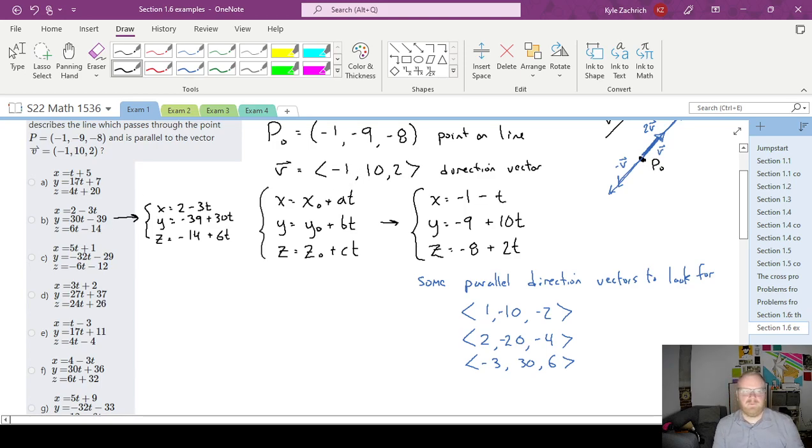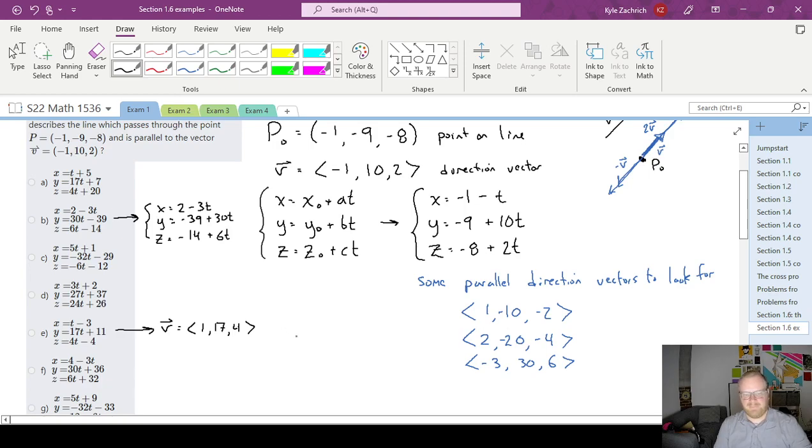Okay, so we can try just looking for some scalar multiples of this vector here, or we can kind of go through each option and see if it fits. So maybe I'll just pick a random one to show you what that might look like. This direction vector, again they've put it in a weird order, but this is going to be 1, 17, 4.